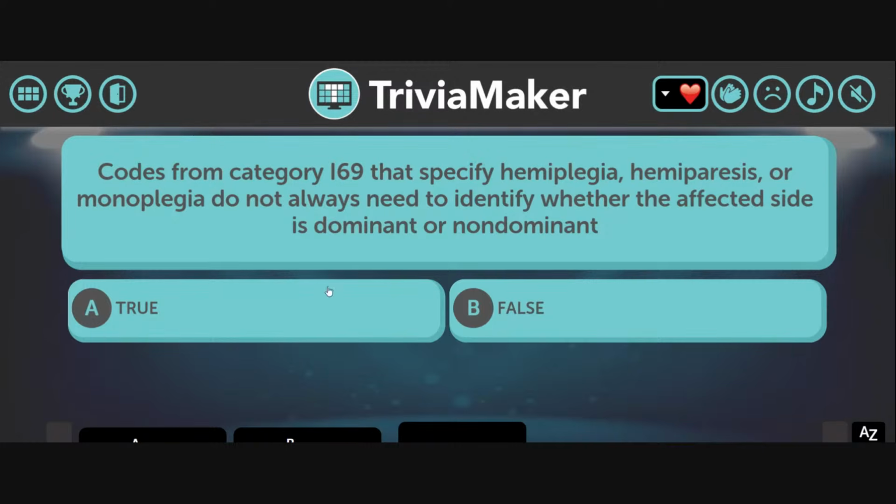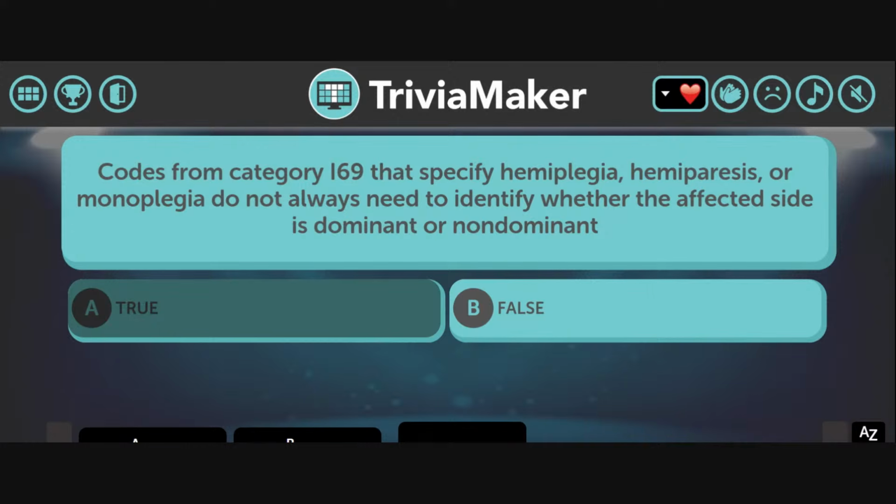Okay, so this one is going to be false. This one is going to be false because it states in the guidelines that codes from category I-69 that specify hemiplegia, hemiparesis, or monoplegia must identify whether the affected side is dominant or non-dominant.